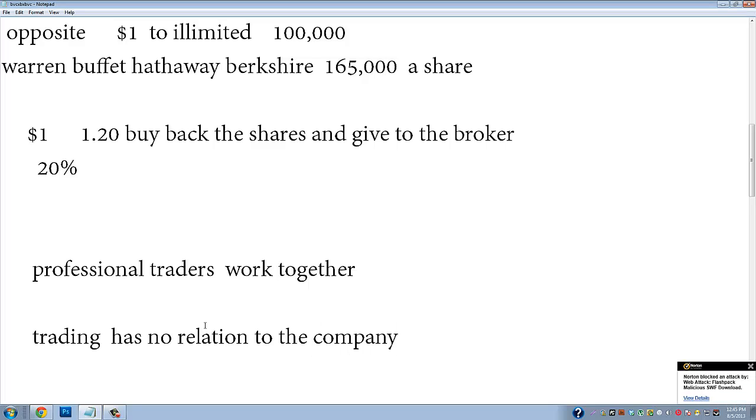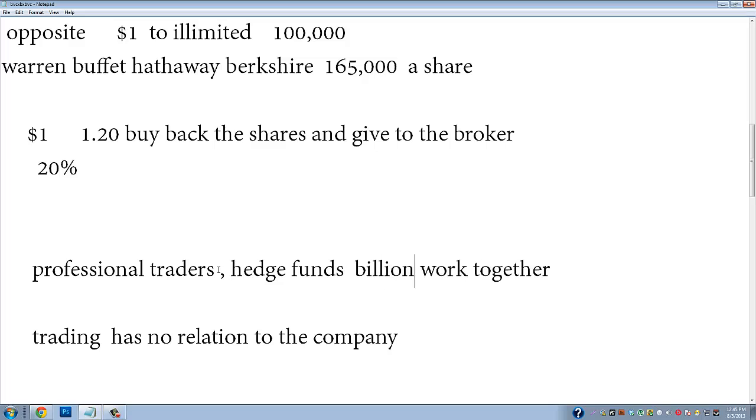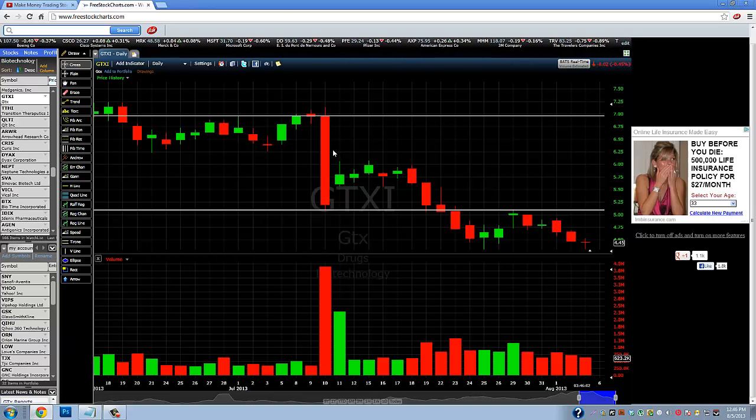You find, for example, a company that is a good company, but some big traders, especially hedge funds who have billions of dollars, go to a stock that has done very well, and they short it. Now shorting could be done in the day, as we have seen here, or sometimes it could be done in the night.